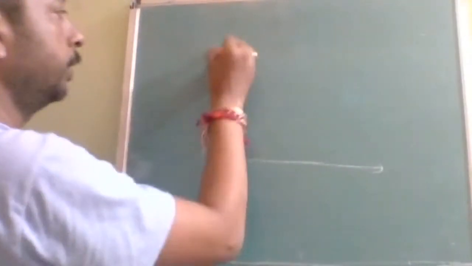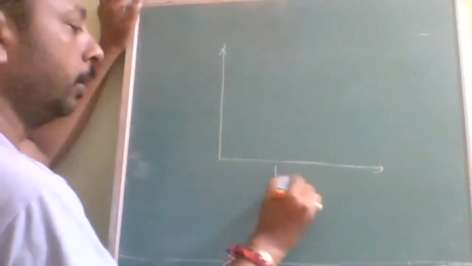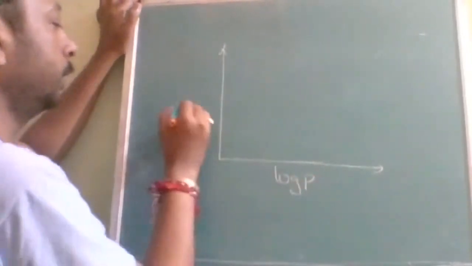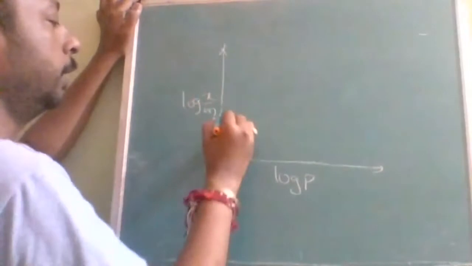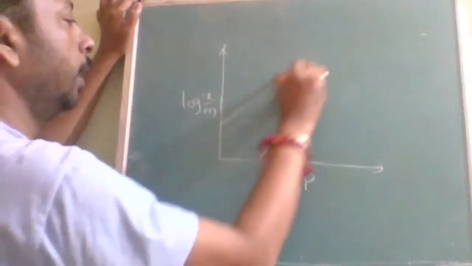Now I will explain the conversion of that curve graph into the linear graph. As per the previous explanation, I take log P on the x-axis and log(x/m) on the y-axis. Then there will be a graph like this.